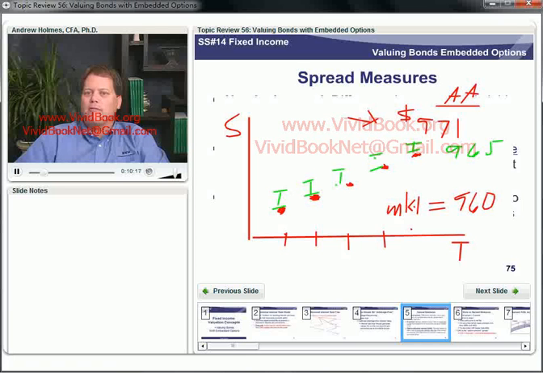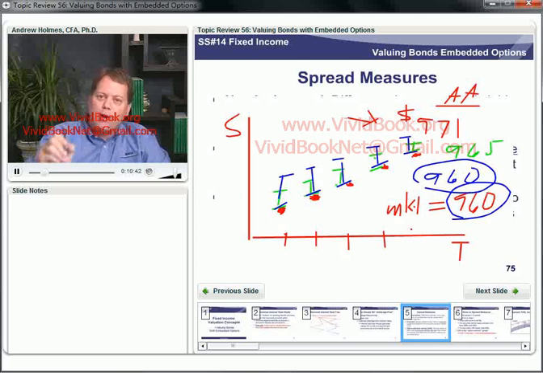We haven't. So what if we go back now and add an even bigger spread, which I'll represent with this dark blue line. We add now 60 basis points to every spot rate on the theoretical spot rate curve for treasuries, and we get a value of $960. What have we done? We've forced the model price to be equal to the market price.